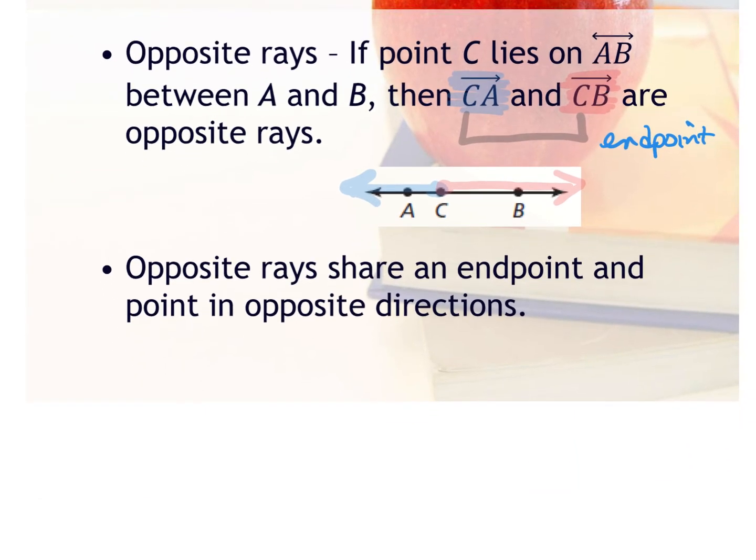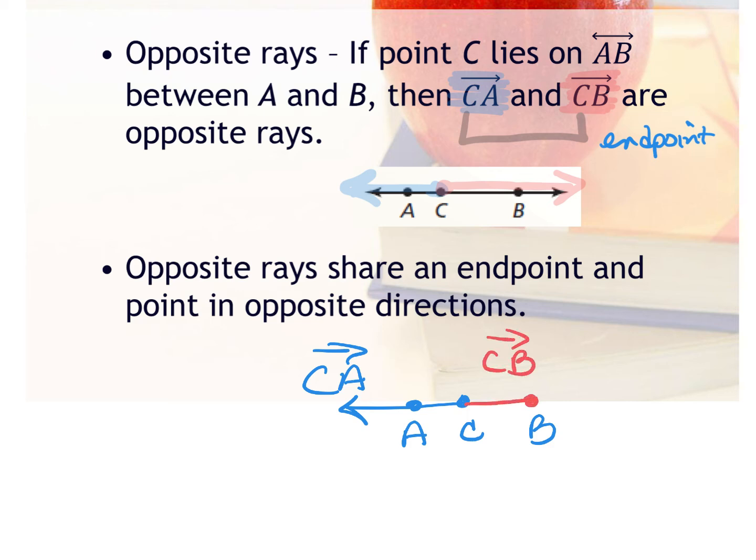So again, if you were to draw again, notice how CA is this way, but if my line here, AB, and C is in between, even though the arrow is pointing to the right, CA really in the line itself goes in that direction.